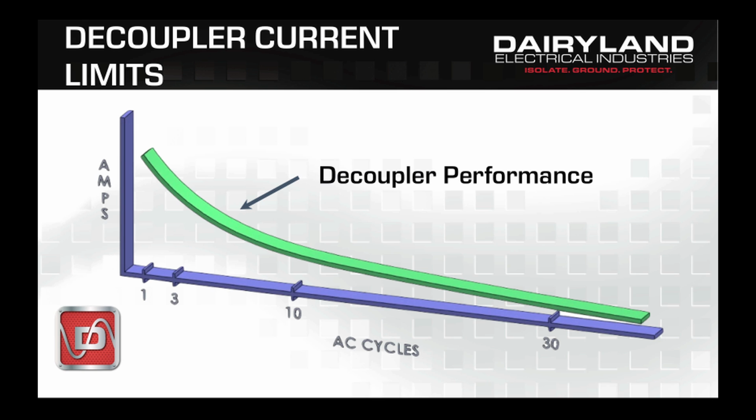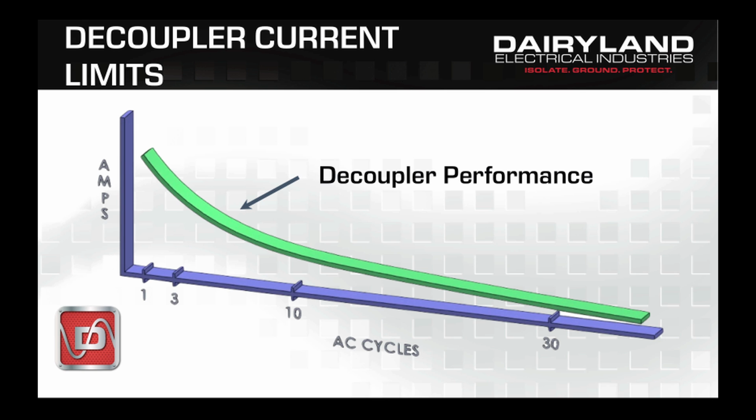Let's talk a minute about the way current passes through one of our decouplers. On this graph, I have time represented on the bottom axis, but I've actually labeled it AC cycles. In the utility industry, it is common to not use seconds, but to use a number of cycles.